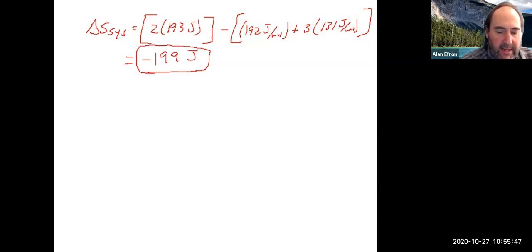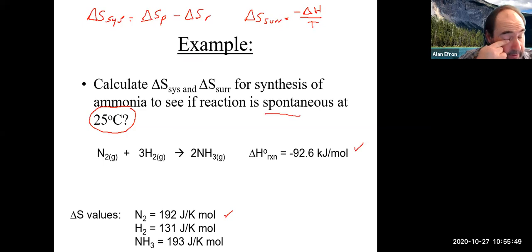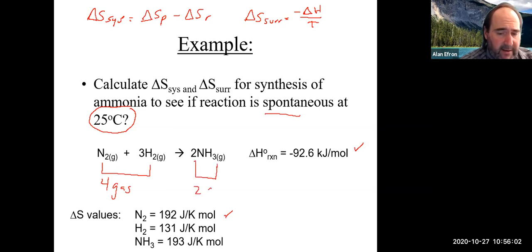the delta S of the system. Now, as we talked about previously, could we have predicted that sign? So let's talk about it here. If we look at the reaction, we have 4 gas molecules on the reactant side. On the product side, we have 2 gas molecules. So we're going from more gas molecules to fewer gas molecules.